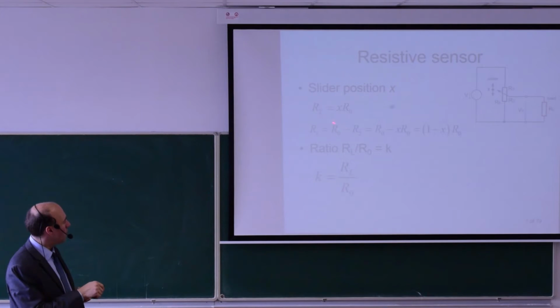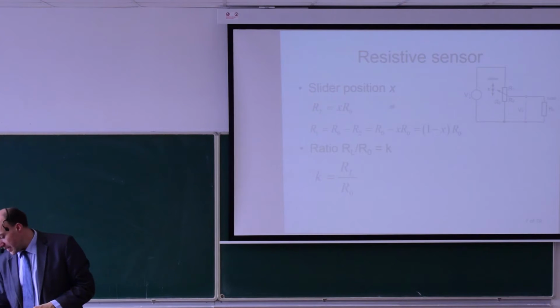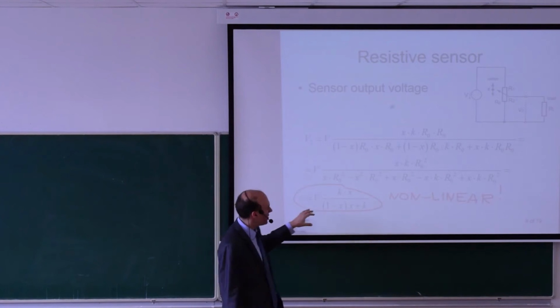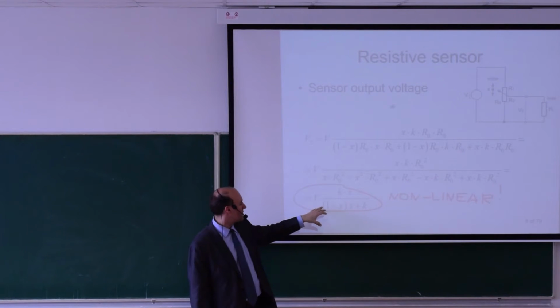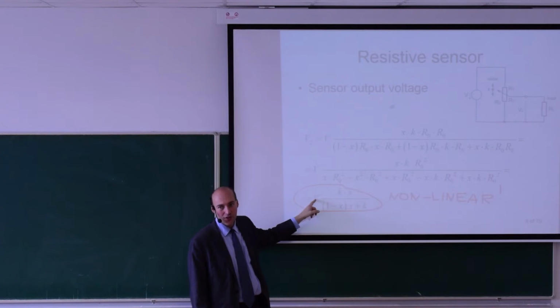This will allow us to plot the steady state characteristic of the sensor. Now, if you substitute all this into the previous formula, you will get something really complicated, and I just want to show here the result. The result is that the output voltage is still a function of the input voltage.